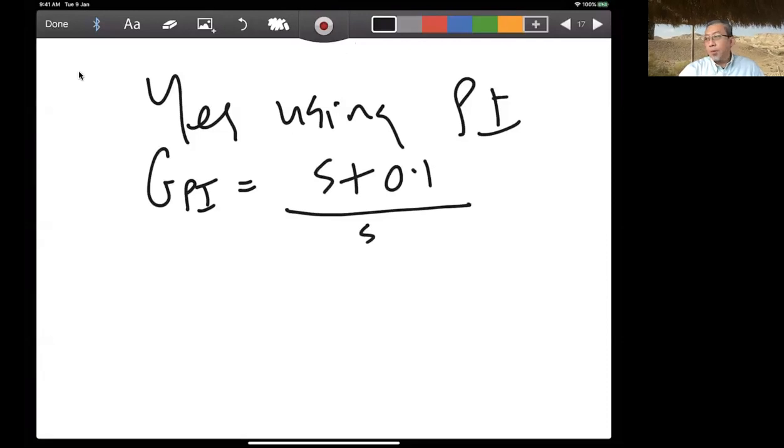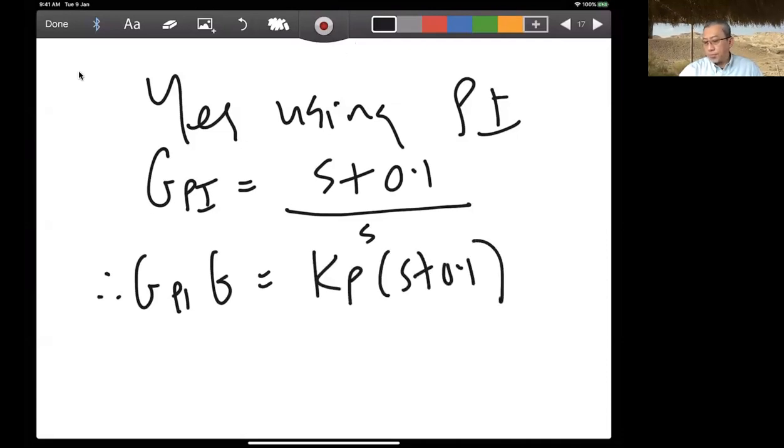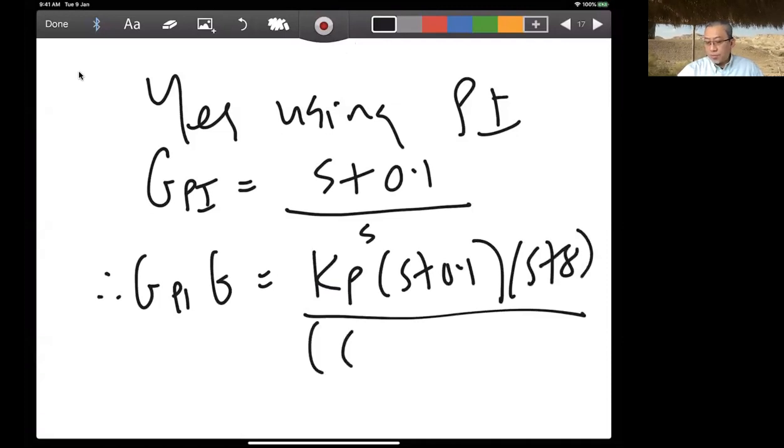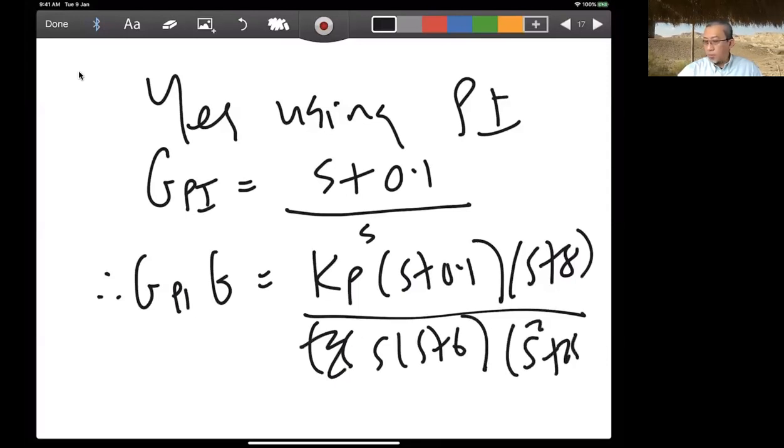Then you multiply GPI with the open loop transfer function, which gives s plus 6 and s squared minus 3s.